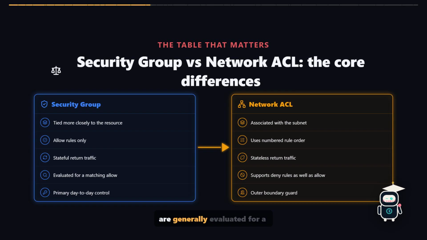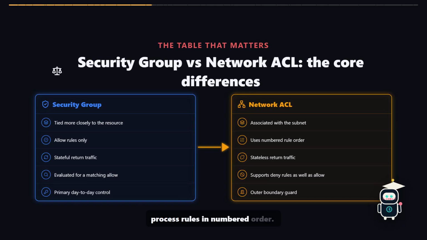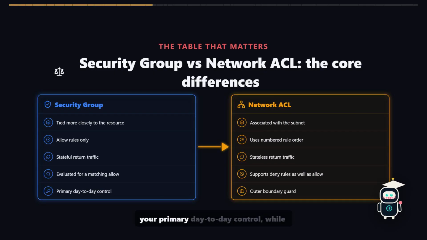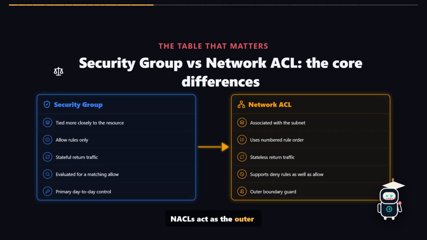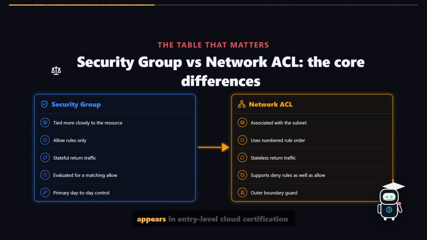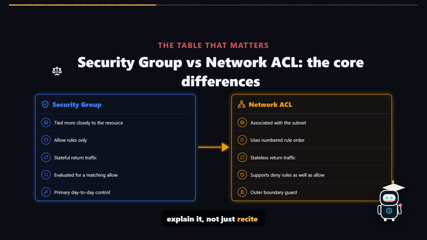Security groups are generally evaluated for a matching allow rule, while NACLs process rules in numbered order. And security groups are usually your primary day-to-day control, while NACLs act as the outer subnet-level gate. This comparison often appears in entry-level cloud certification material, so be able to explain it, not just recite it.